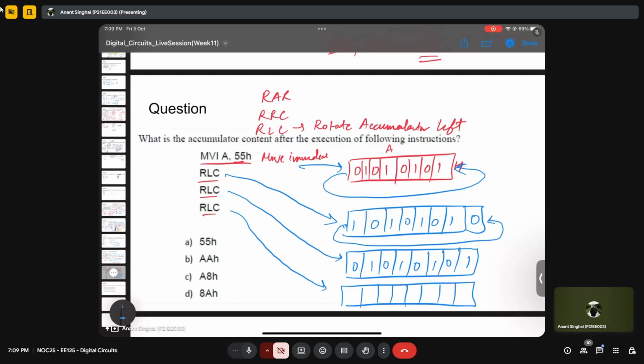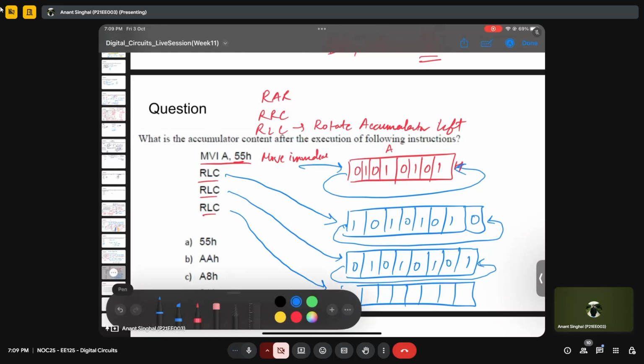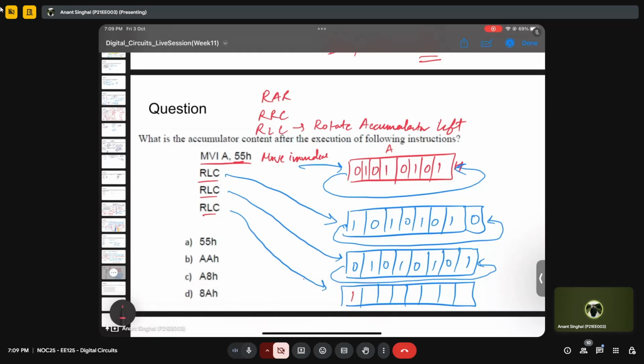So again it will be 1 0 1 0 1 0 1 0 H. This is the final content, which is 1 0 1 0 and 1 0 1 0 H.